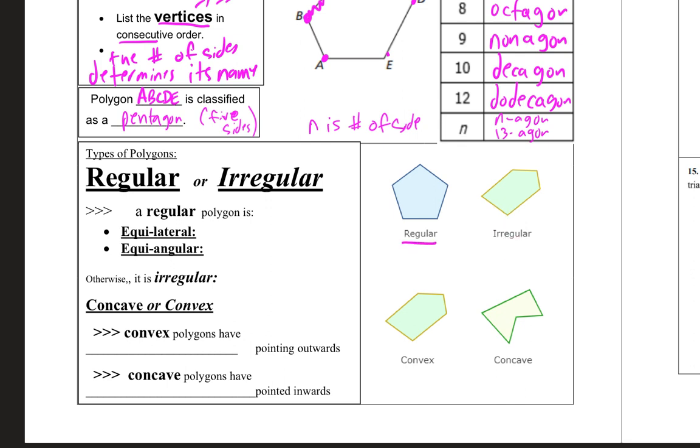The difference is that a regular polygon is equilateral, that means all sides are congruent. So that means this side, this side, this side, this side, and this side. And then it's equiangular, which means all angles are congruent.